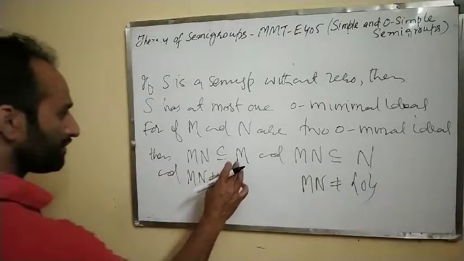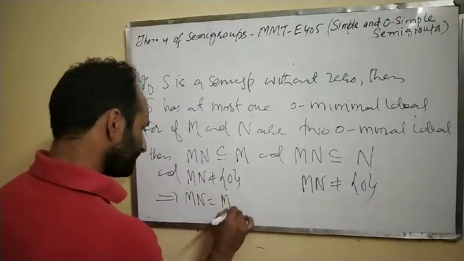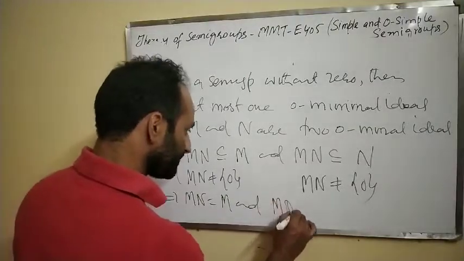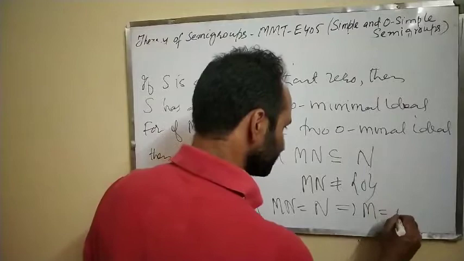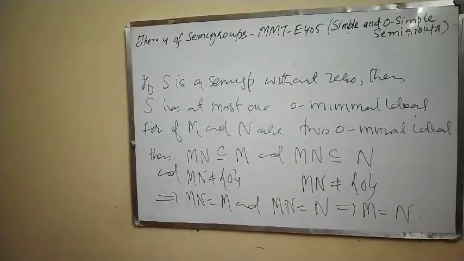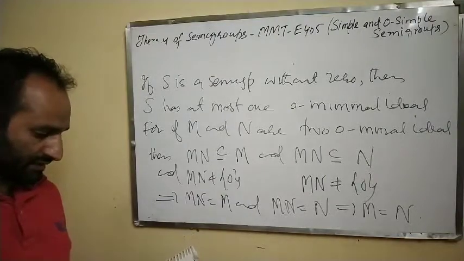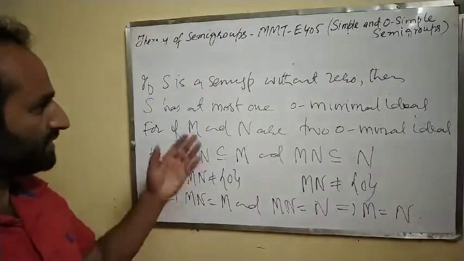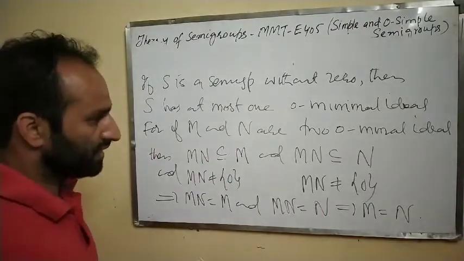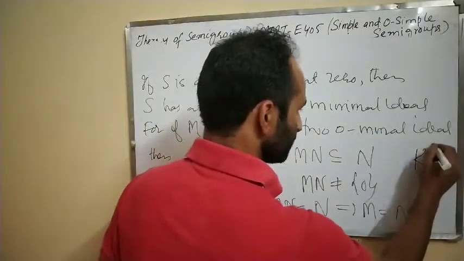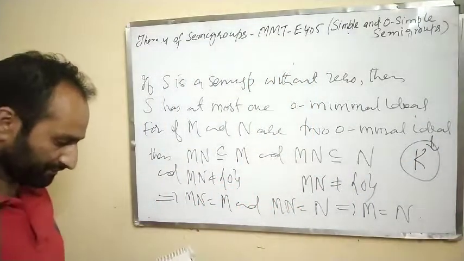Since M is minimal, MN should be equal to M, and MN should be equal to N, which implies M is equal to N. So there is at most one zero minimal ideal, and in that case, for a semigroup without zero, that zero minimal ideal is called the kernel, and it is denoted by K. It's well defined, because it is the unique one.